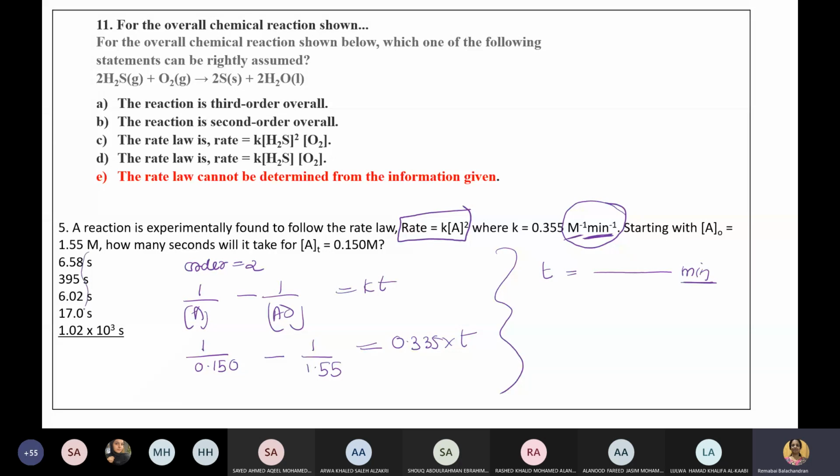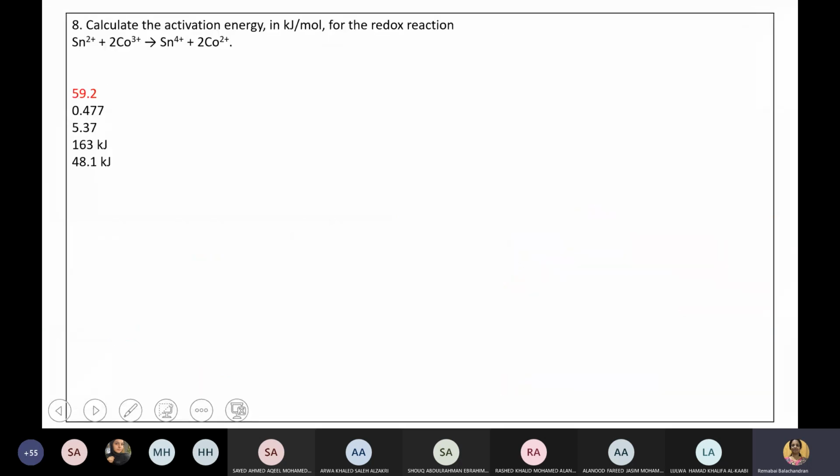Look at these values. And in the question, what is asked? Seconds. After finding the minutes, say you get X minutes, how do you convert it into seconds? X times 60. Okay, so this is the way you lose marks.